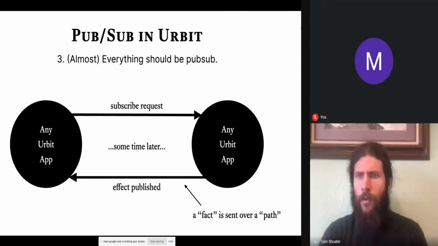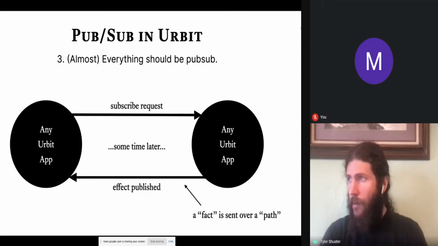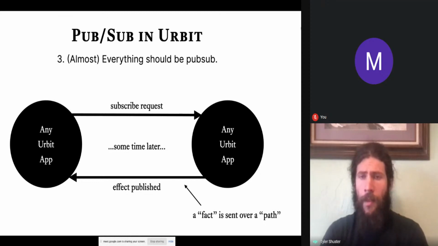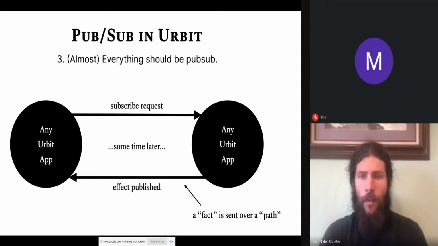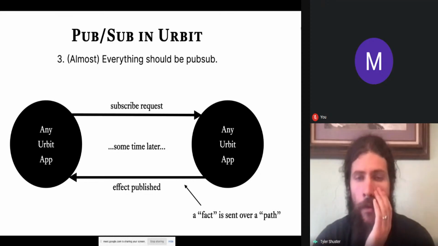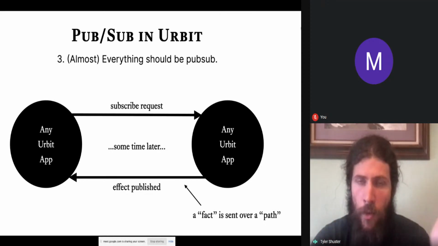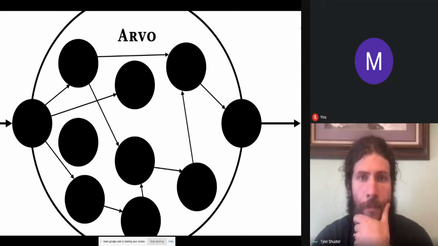So both of these apps can produce effects, and so the app on the left produces an effect that says, tell this app that I want to subscribe to it, and then that app stores that subscription so that sometime later, when something else happens to that app on the right, it can publish the effect back to the app which subscribed. So again, this is what we call a fact. It's sent over a path. So this model is very important for everything that happens inside of Urbit, and also how you're going to write your JavaScript app when you get to the top level.